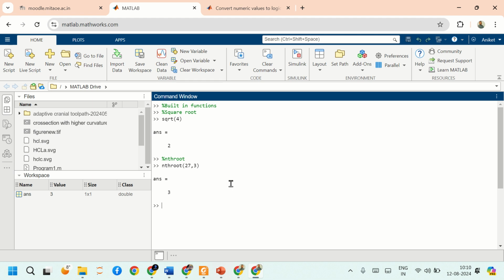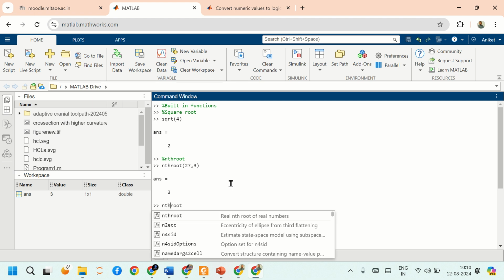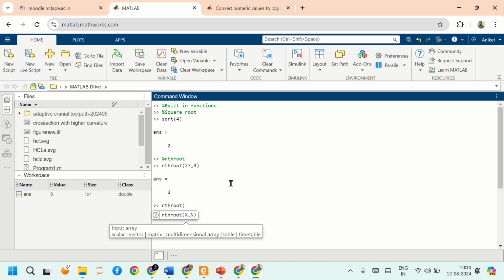So if we have to find the 5th root, 6th root, 7th root of any number, it's possible using the nthroot function. Let's say the 7th root of 79, and it's 1.8668. So you can use this function a lot to find cube roots and nth root of any number.